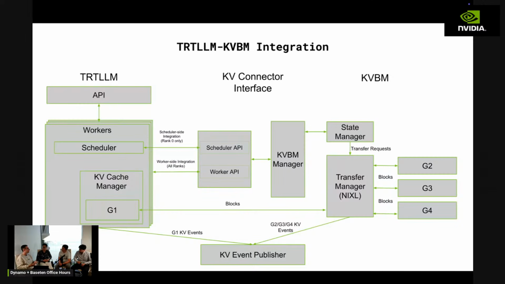For example, if the scheduler interface tells us we can load, say, 32 tokens from external KV cache stores, all of the KV cache managers on all of our GPU ranks need to have that information. Otherwise they're going to get out of sync, and that would be very bad. So we co-locate the scheduler side interface with the worker on rank 0.